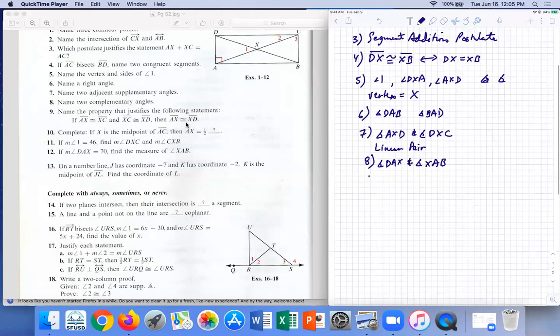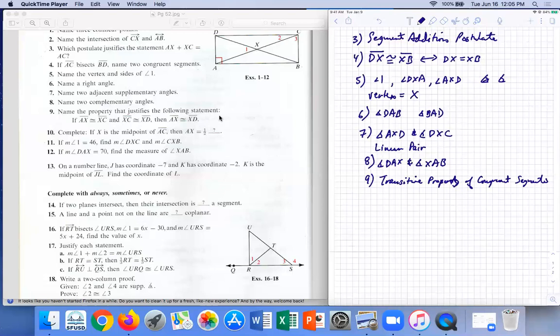So 9 would be the transitive property of congruent segments. You also have the transitive property of congruent angles, right? The three main ideas are the reflexive property, the symmetric property, and here's the transitive property. So those were the three main ones, right?